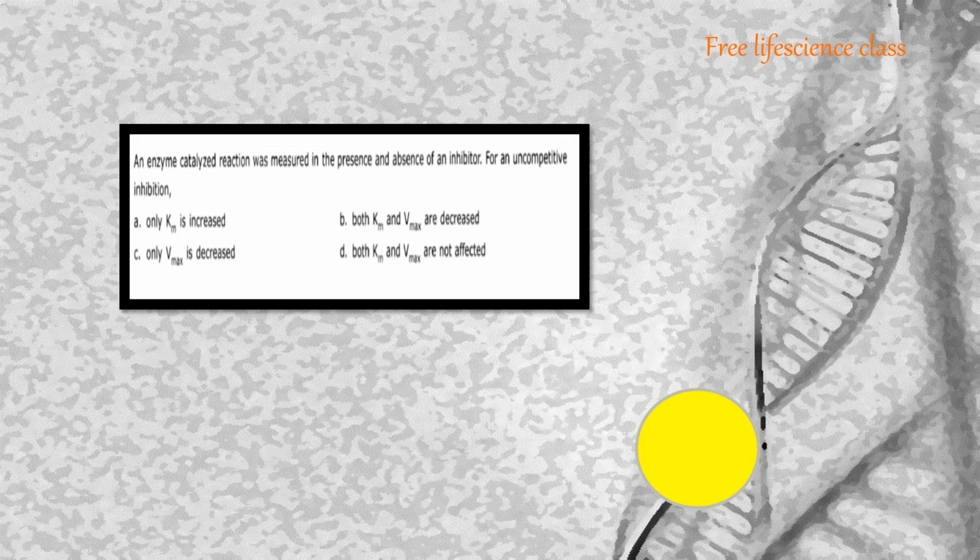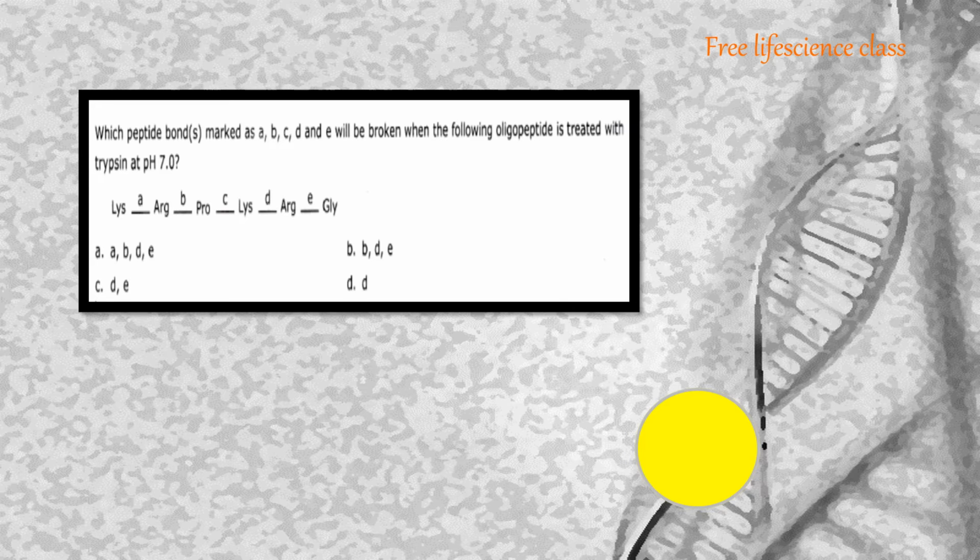Yes, time up. And the answer for this question is option B. Both Km and Vmax will be decreased. So always remember that for an uncompetitive inhibition, the Km and Vmax will be decreased. So moving into the next question.